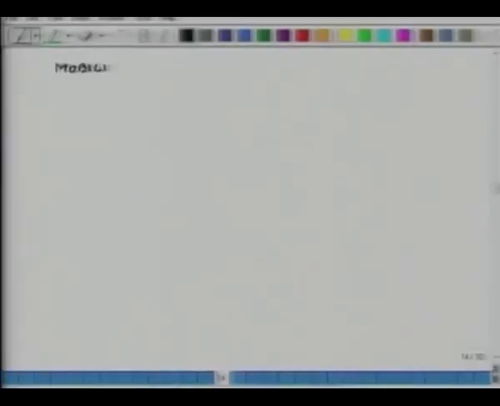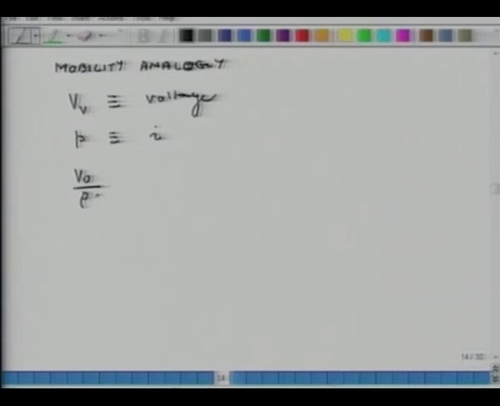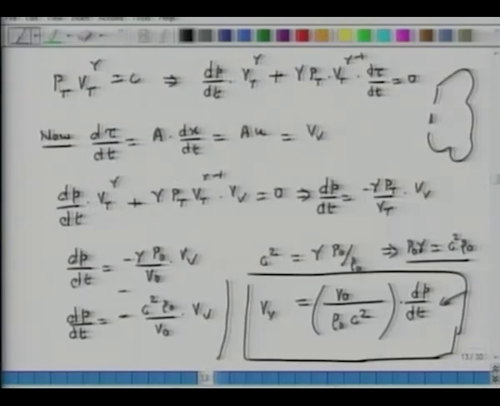So, in mobility analogy, for a closed sac, Vv again we saw is similar to voltage, pressure corresponds to current, and V naught over rho C square is called acoustic compliance, and this corresponds to inductance, because the relationship exactly, volume velocity is something like L times dP over dt, which is the rate of change of current.